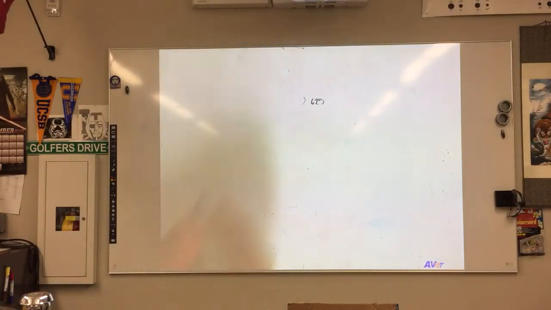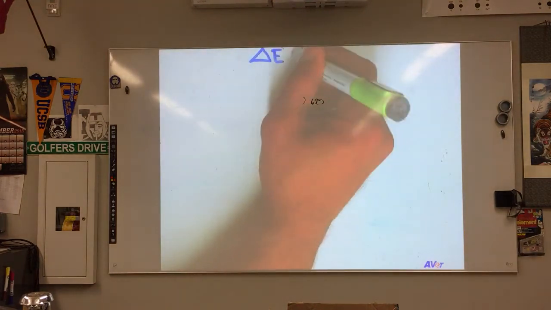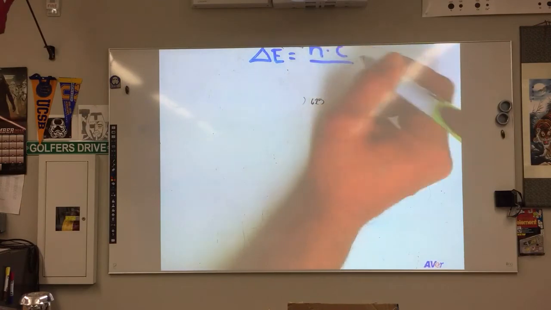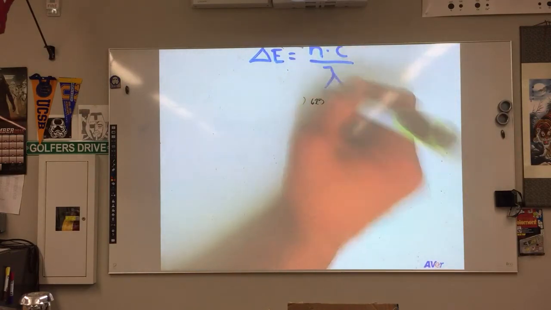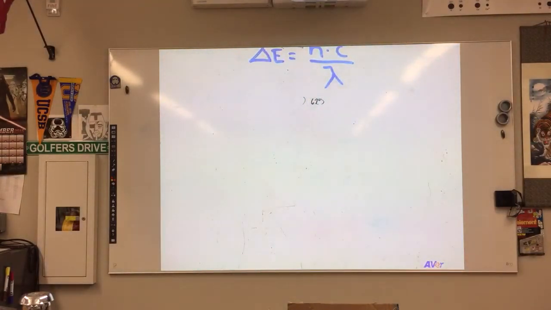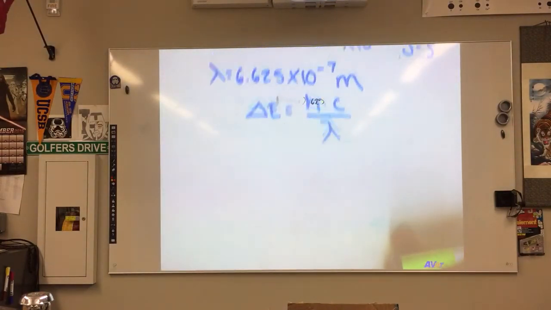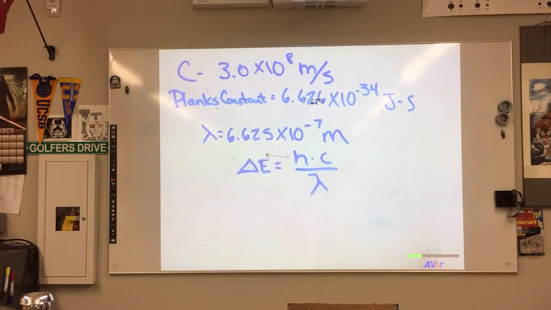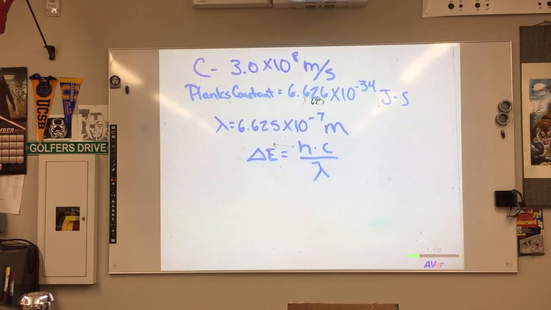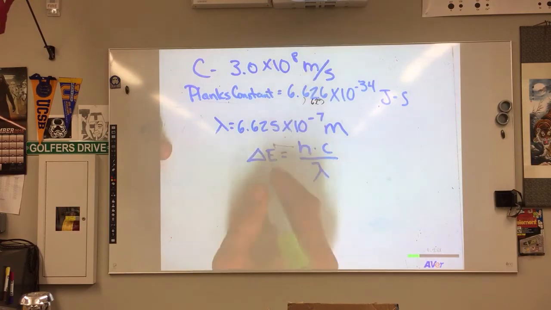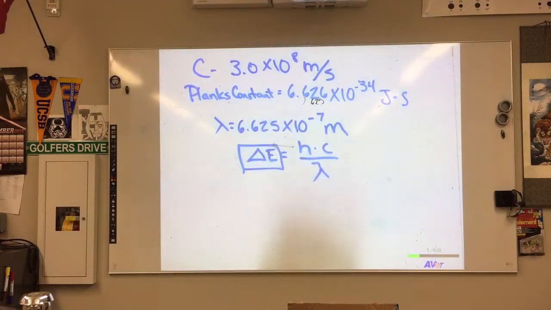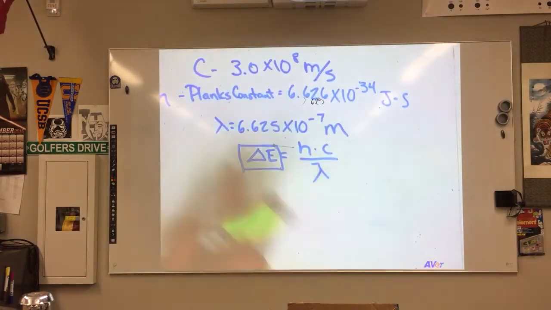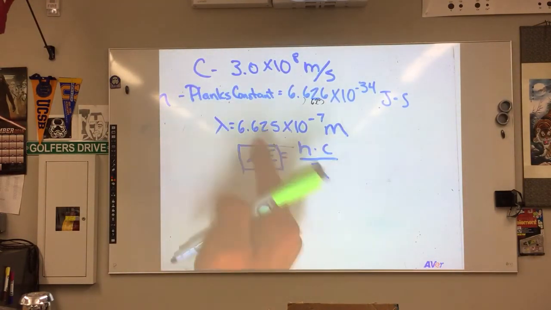So our formula now, we got delta E equals h times c divided by the wavelength. And so what we got to do is put these numbers into this formula. So we don't know what this is. This is what we're going to solve for. I'll box it now. But we do know h is Planck's constant, c is the speed of light, and we know our wavelength is here.